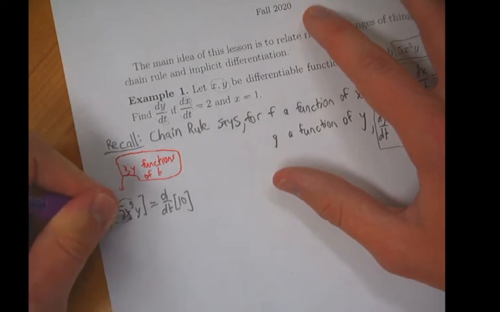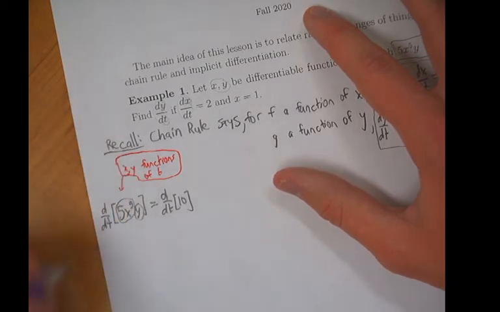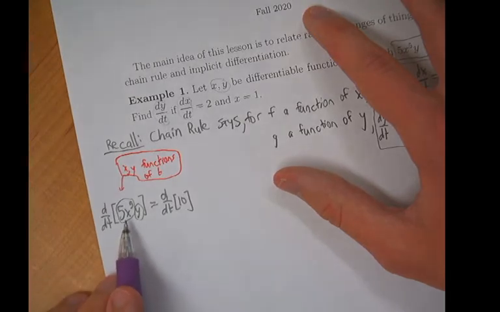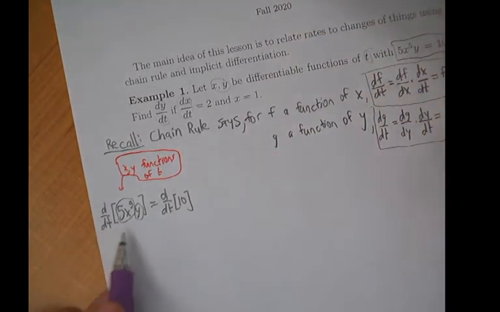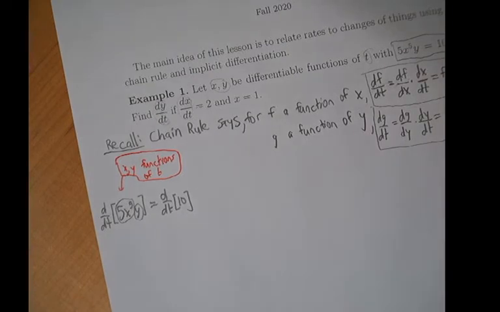What we notice is that we have 5x to the fifth times y. So if we want to differentiate this with respect to time t, what do you think we're going to need to do?